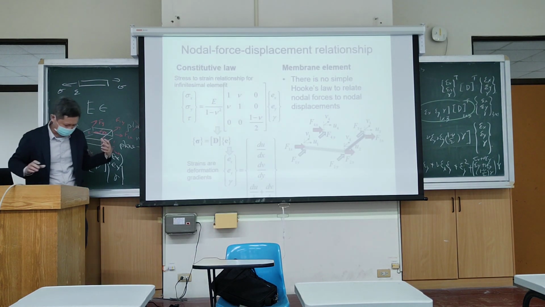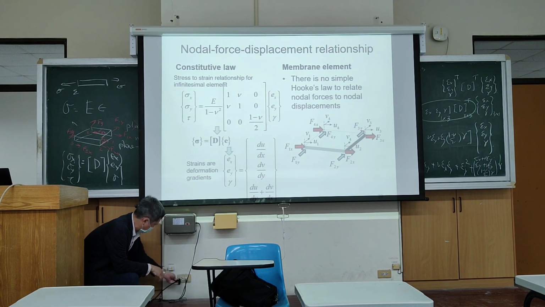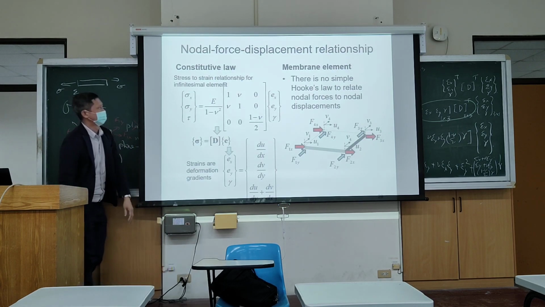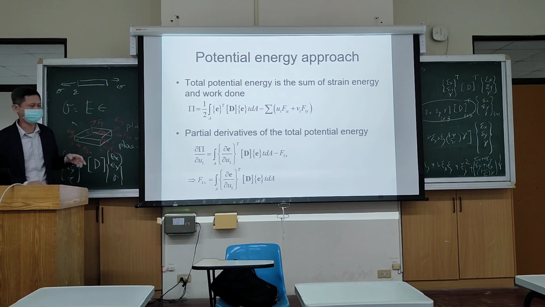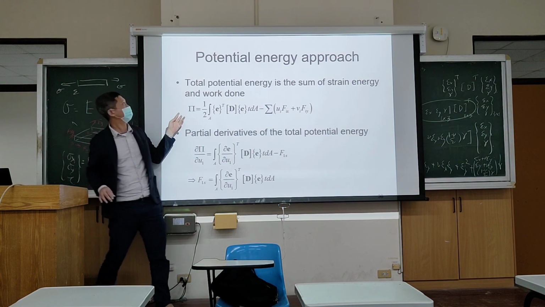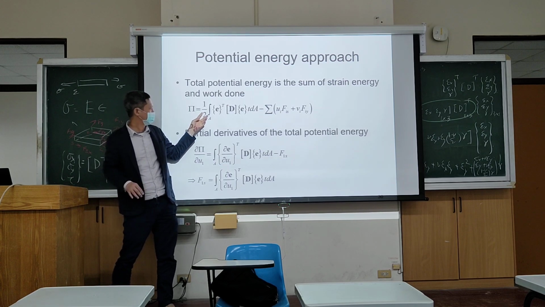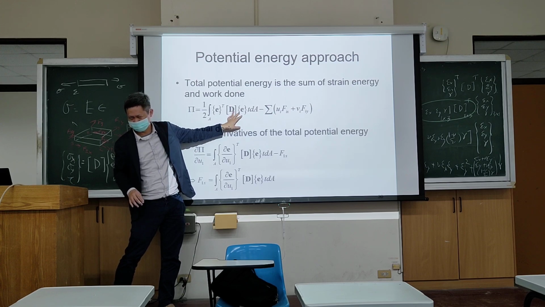The reason why we write this is to just give you a feeling what this matrix is. So our expression for potential energy is then half the stress transpose times the strain.